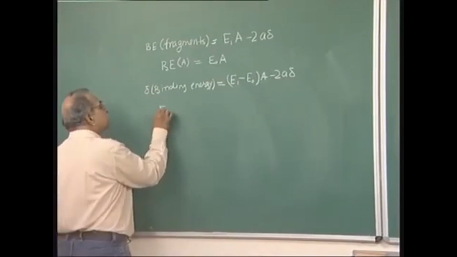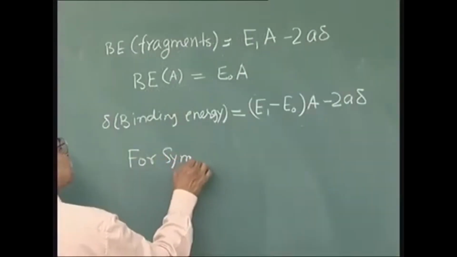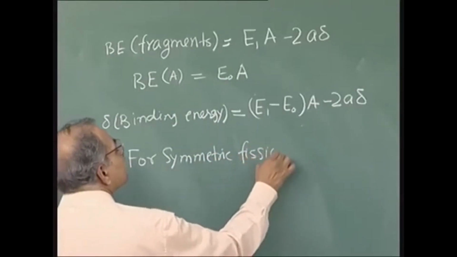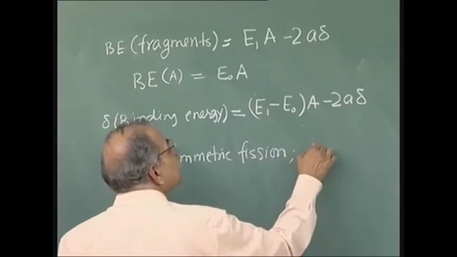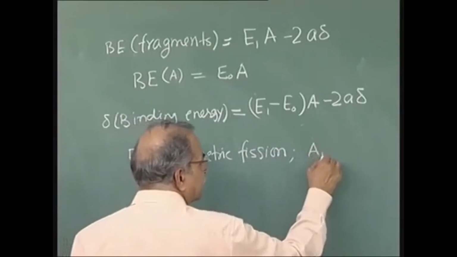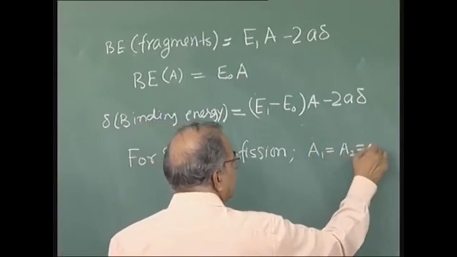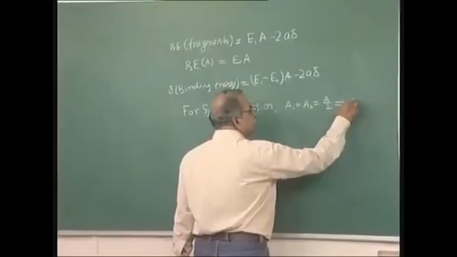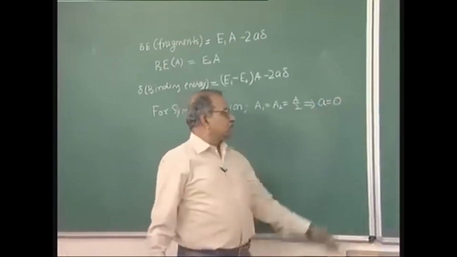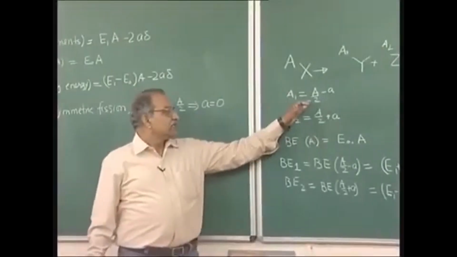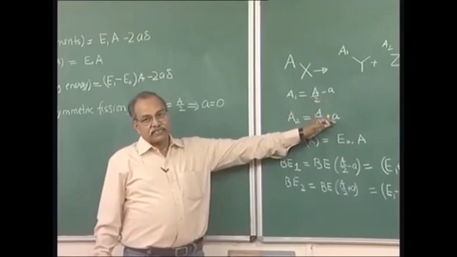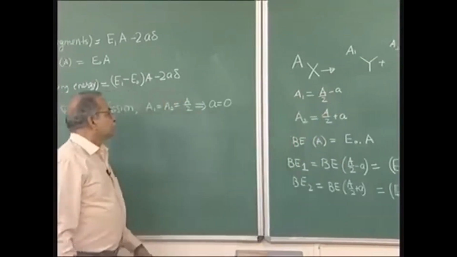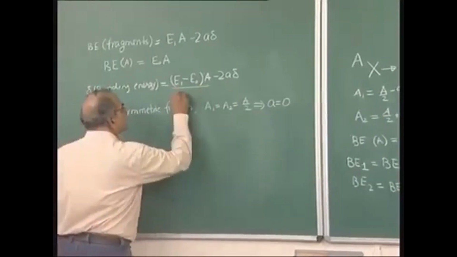For symmetric fission, it means the two fragments are just equal, A1 equal to A2 equal to A by 2, that is symmetric fission, and that means small a is 0, right, because the two fragments A1 and A2 I had taken as A by 2 minus a and A by 2 plus a. Symmetric fission means these mass numbers are equal, and so the small a is 0. Then you have the largest energy release.